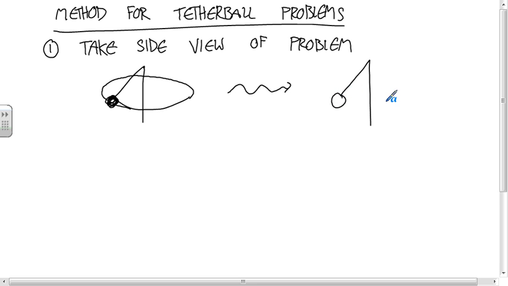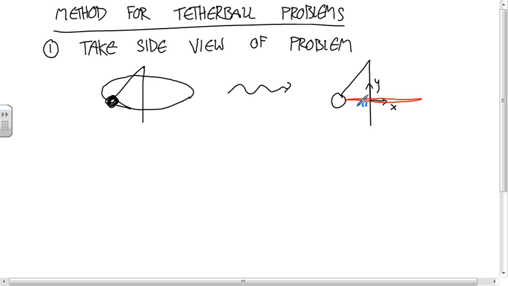Then you can put your coordinate system right in the middle of the circular path at the height of the ball. And so what does the circular path look like for the tetherball? Yeah, the circular path is just a horizontal circle. Sometimes that can trip people up because you feel like that cable should have something to do with the circle, and so people draw the circle up at the angle of that cable.